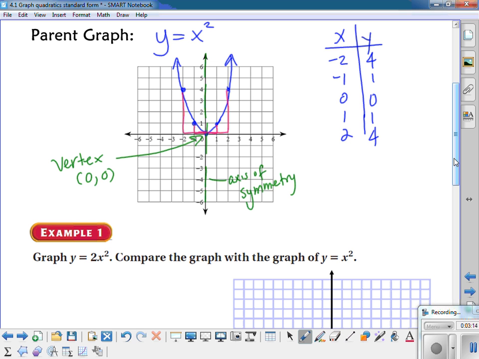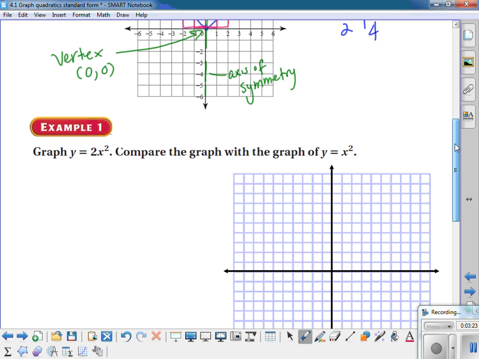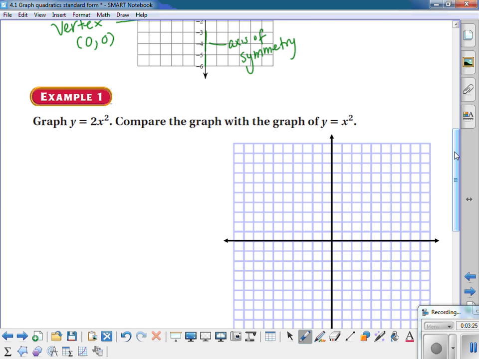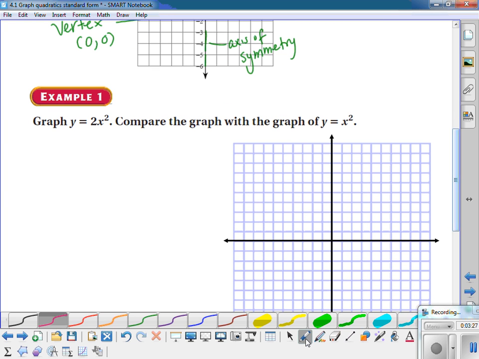So for my first example, I've got y equals 2x squared. I'm going to graph that and then compare it to the graph of y equals x squared. Because it's nothing but an x squared term, it's really easy to just make a table for these.